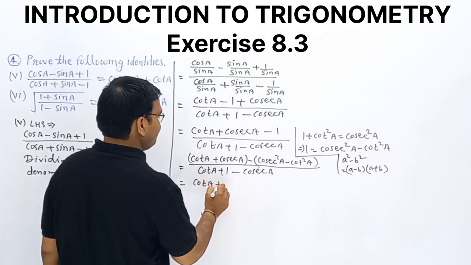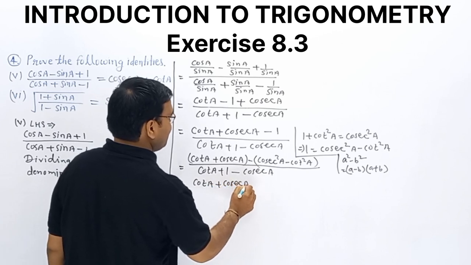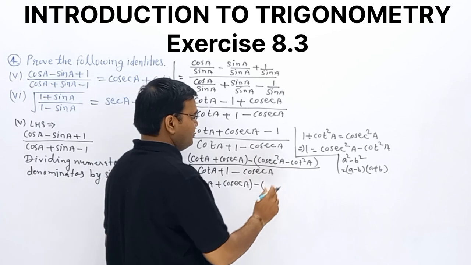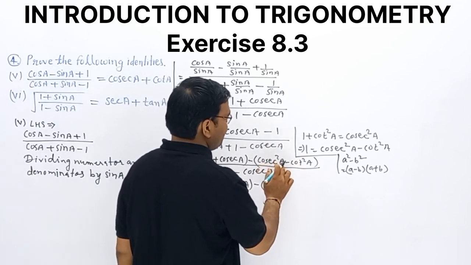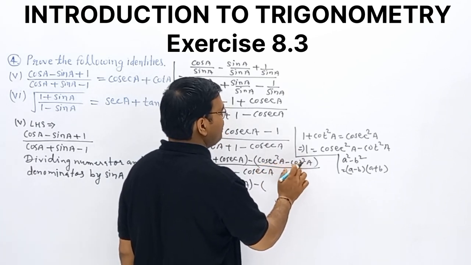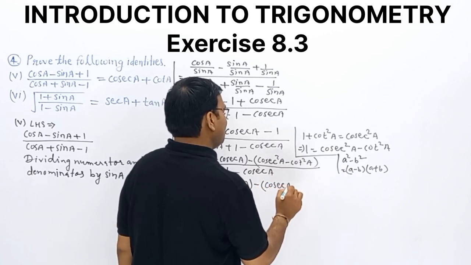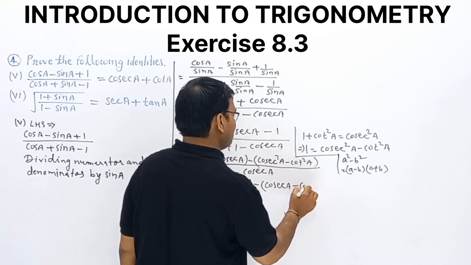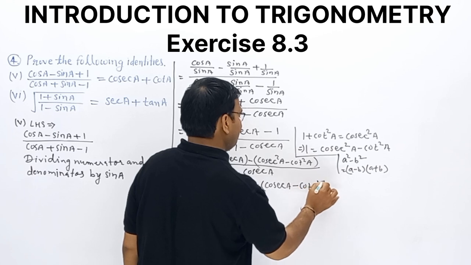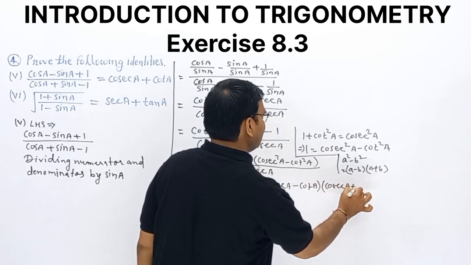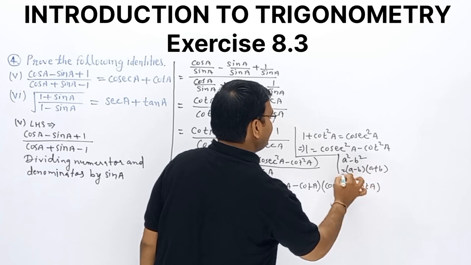Cot A plus cosec A minus cosec square A. This is A square, A is cosec A, minus B square, B is cot A. So this can be written as cosec A minus cot A, and the other bracket will be positive, cosec A plus cot A.